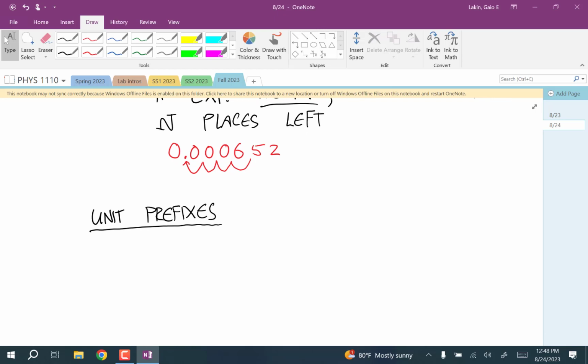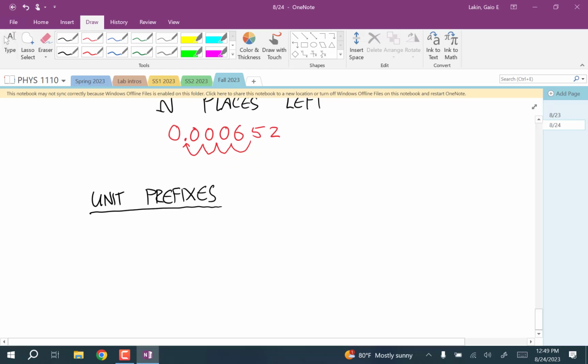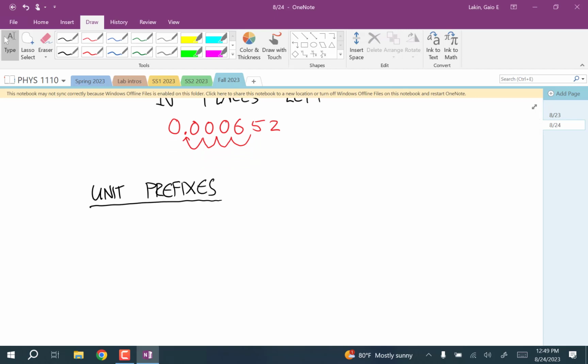So the unit prefixes are like, you know, you can have grams, but you can also have milligrams, kilograms. And so that milli or kilo, those are the prefixes I'm talking about. And there are a lot of them. These are the most common ones, the ones that are most useful, but there's a whole bunch.